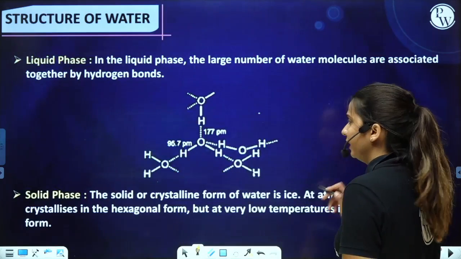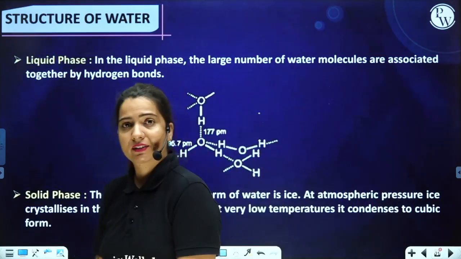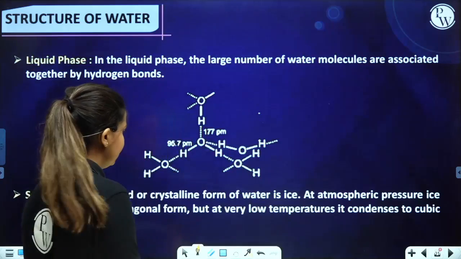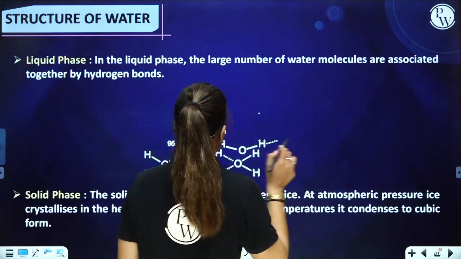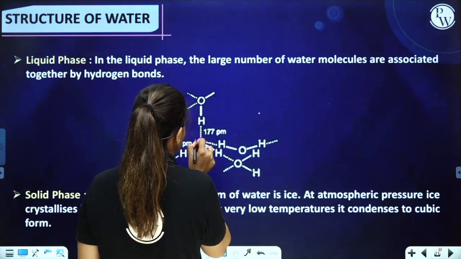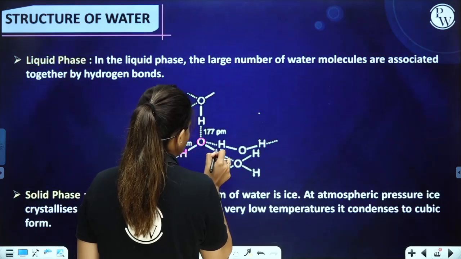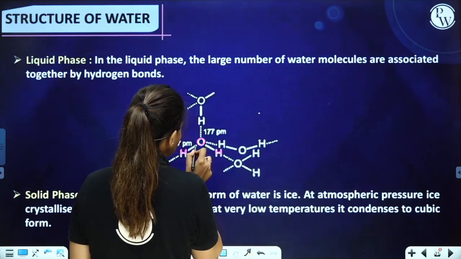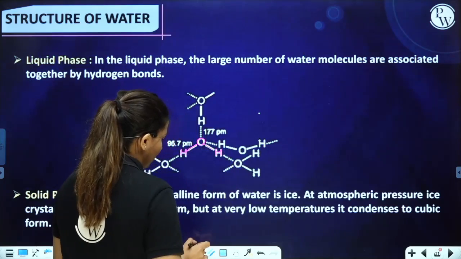Now, the liquid phase has hydrogen bonding. Let's discuss. If we take a water molecule, let's say this is a water molecule, it forms hydrogen bonds.